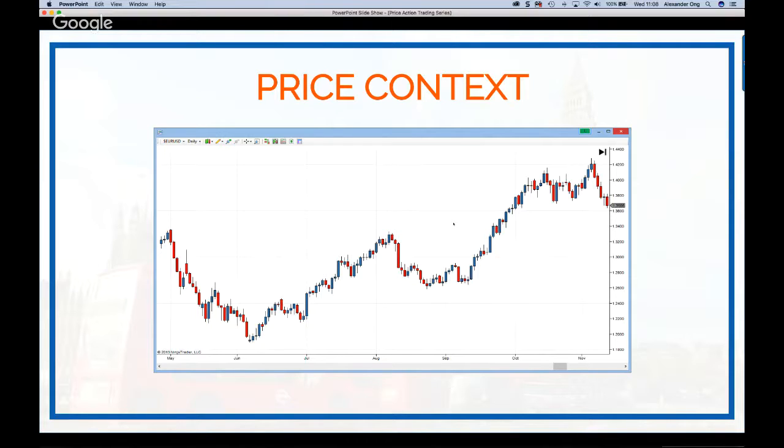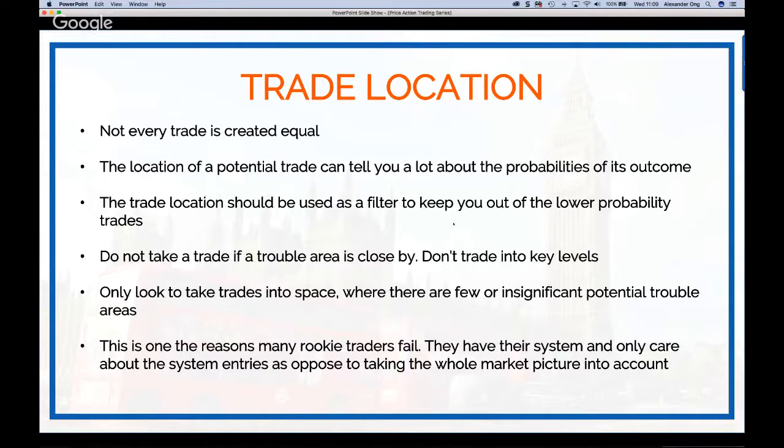So hopefully you guys are starting to see that you have to pay attention to all of the different timeframes, because if you don't, you're going to find yourself in a position where you're taking trades into major levels that your trade kind of stands no real chance of success no matter what. Okay? So you have to take trade location into account.